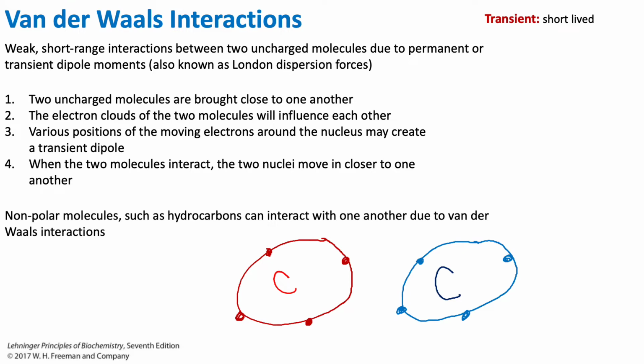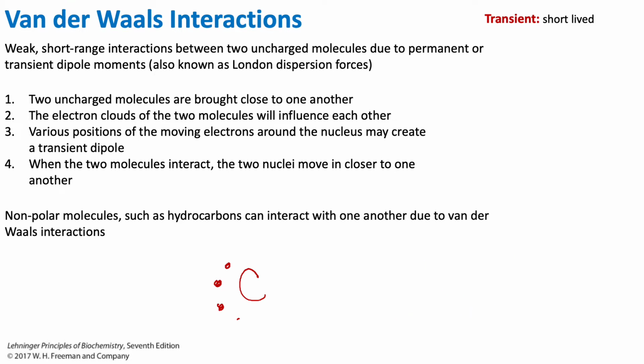So let's say we have a carbon molecule and most of its electrons are currently residing on this side. And let's say we have a neighboring carbon molecule and its electrons are currently on this side. So what we can note is that the side with more electrons will have a negative charge.